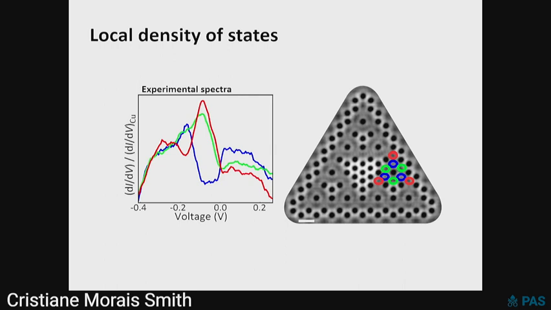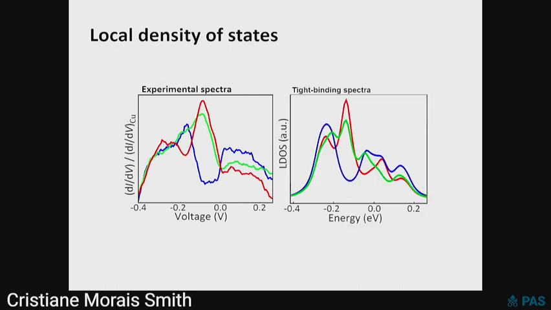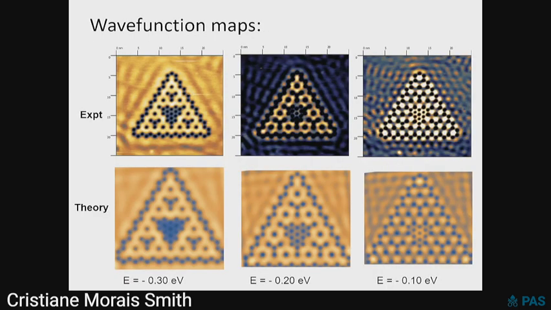Then you sit on the red, blue, and green sites. You take the dI/dV spectra, you compare with the theory, and now you sit at 3 different energies, and you scan the entire sample with STM. And you see the images on the top. Underneath, you see the theory. Looks like we have built a Sierpinski triangle. On the left is the bonding, on the right is the anti-bonding configuration.